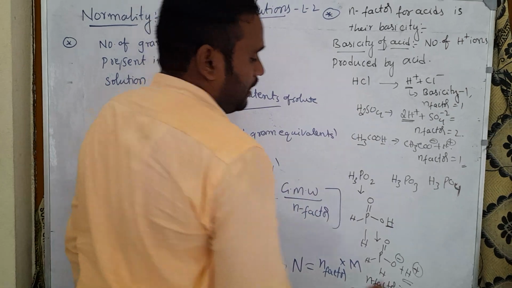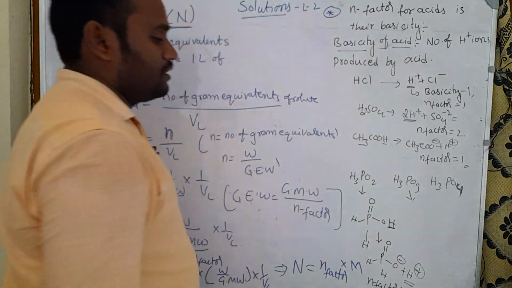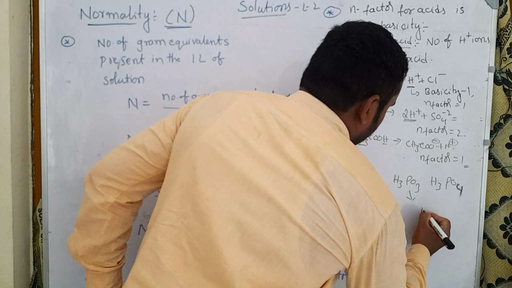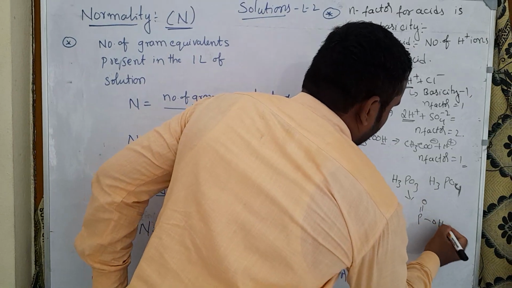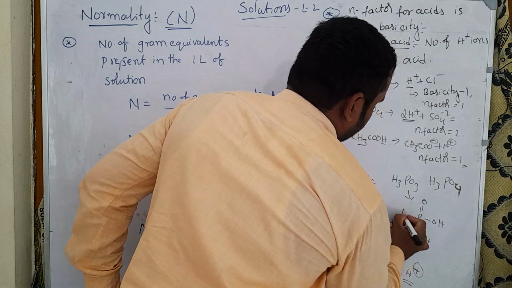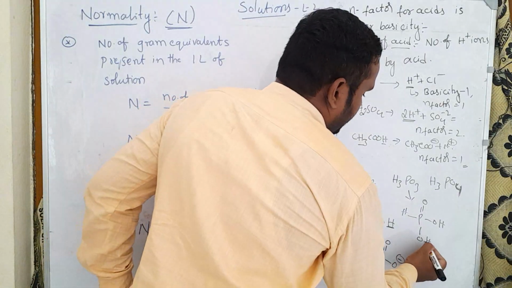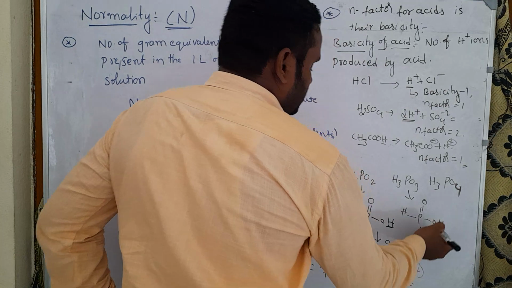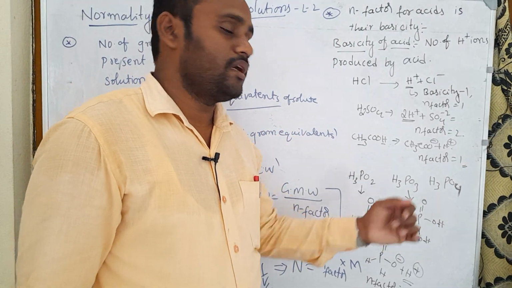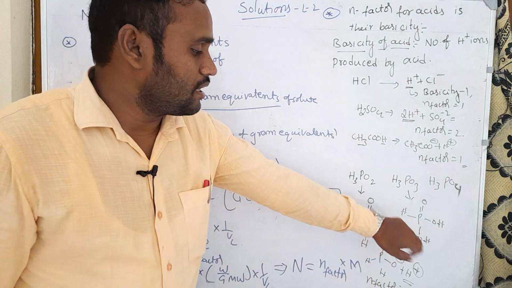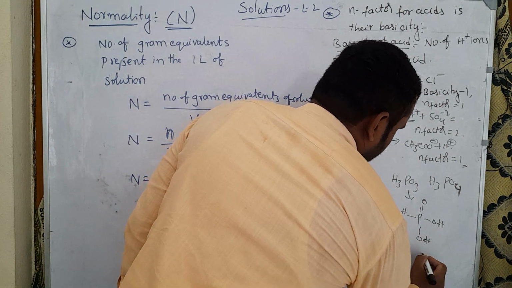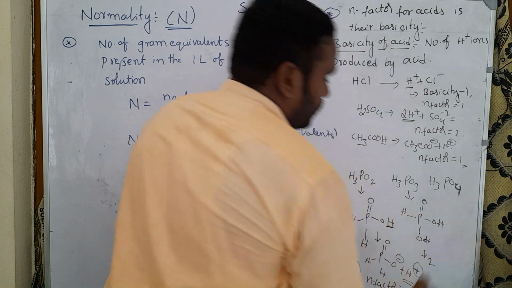Hence its n factor is 1. And H3PO3 is phosphorus acid. Its structure is P double bond OH, OH, H. Here 2 hydrogens are directly connected to oxygen, so they are replaceable, and this hydrogen is directly connected to phosphorus, so it is not replaceable. So it produces 2 H plus ions, hence its n factor is 2.